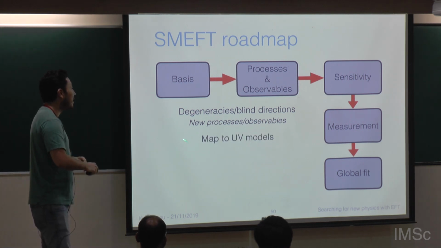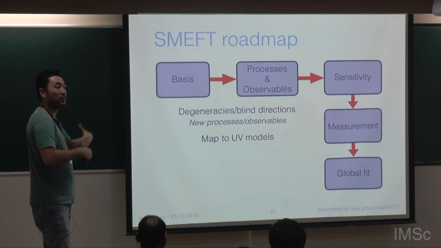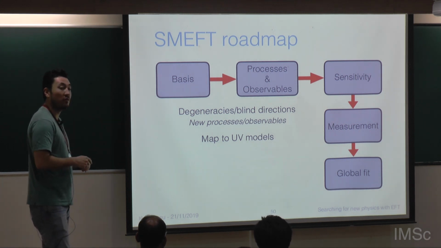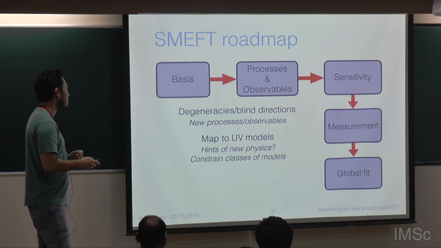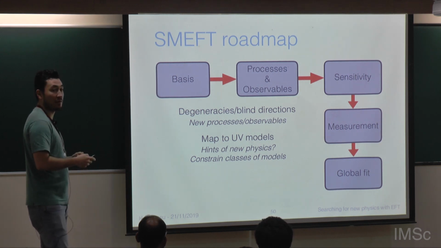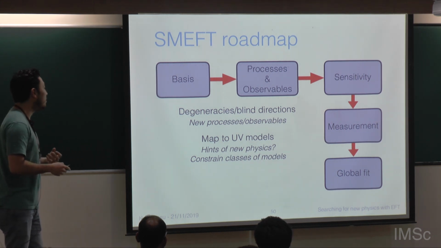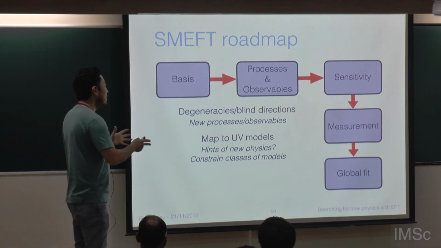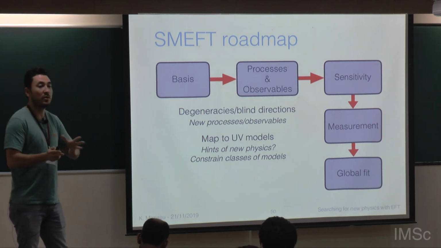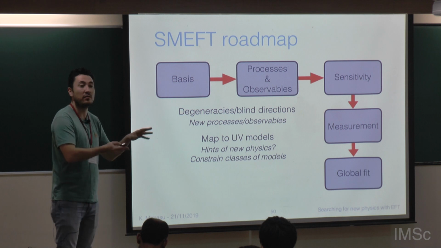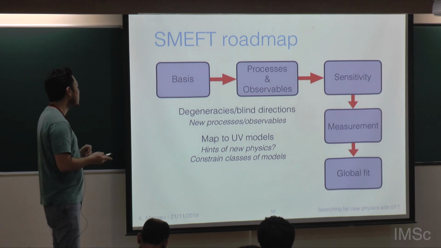And of course, once you have this global analysis, you can then map to some UV model of choice. Or there might even be some hints of new physics, which would be very interesting and would point you in a given direction, because specific models might be more likely to predict the deviations that you've observed.